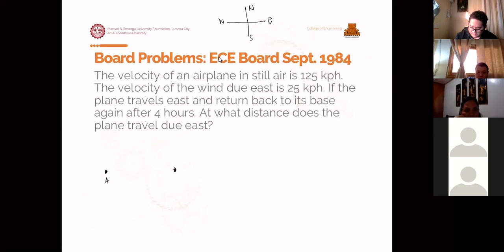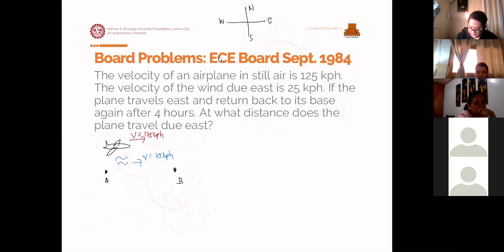So A and B. Then si plane natin nandito ulit, no? And then yung velocity natin is given equals sa 125 kph. Then si wind, sorry, velocity niya is 25 kph. Pinapahanap is yung distance, no?